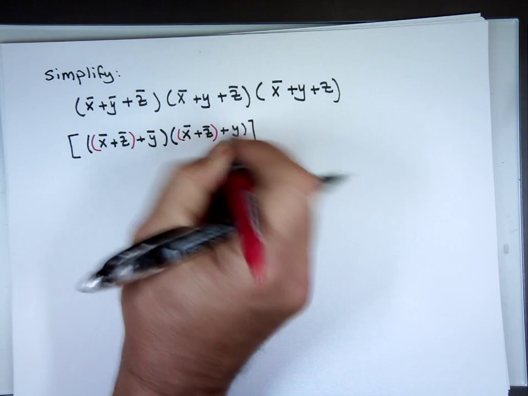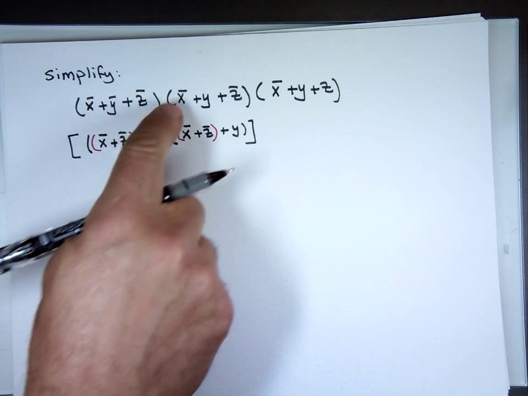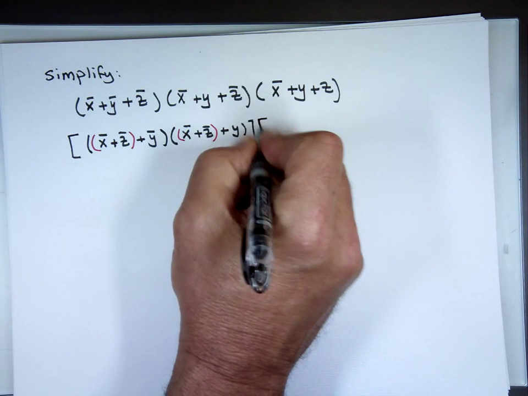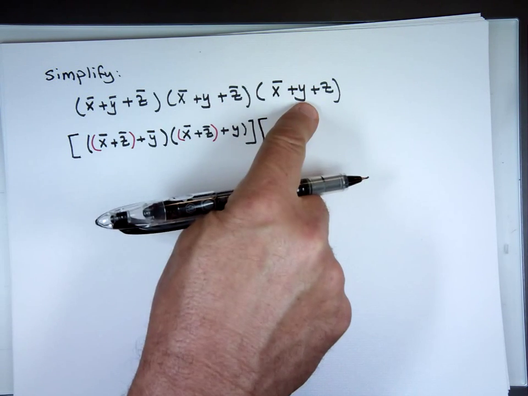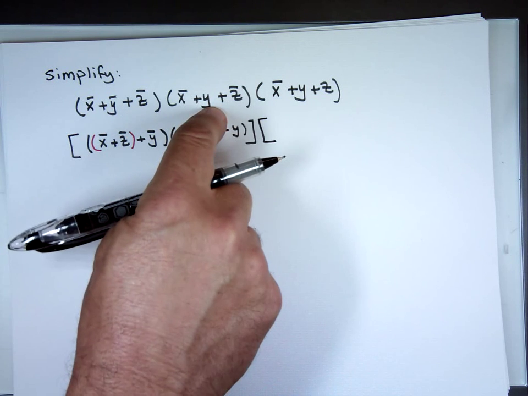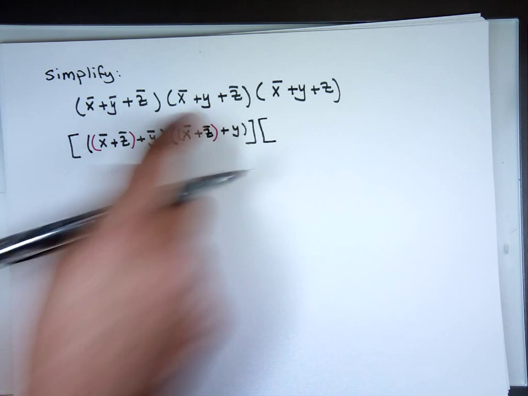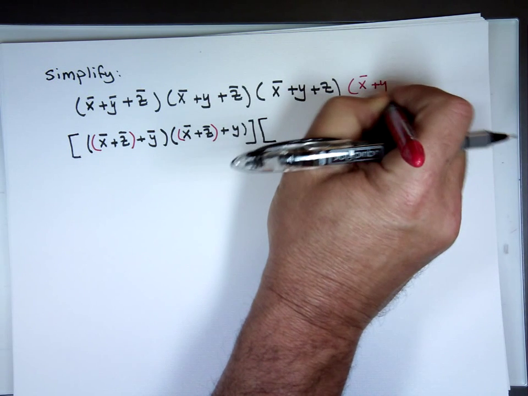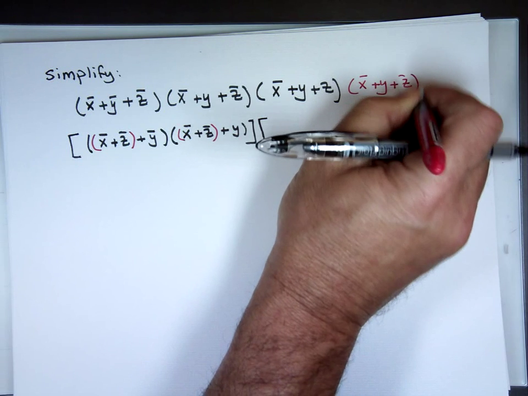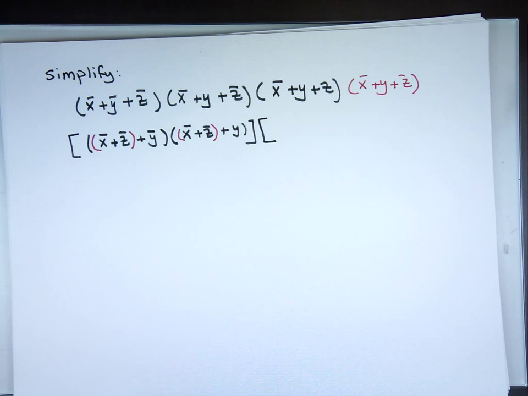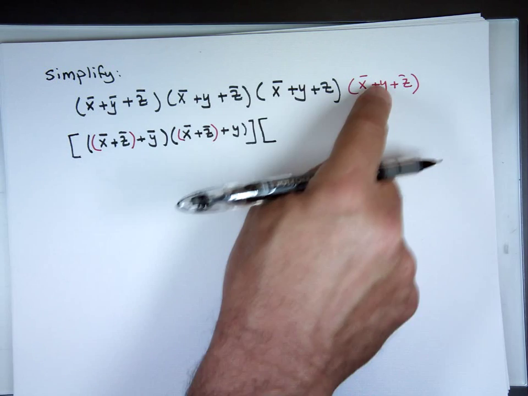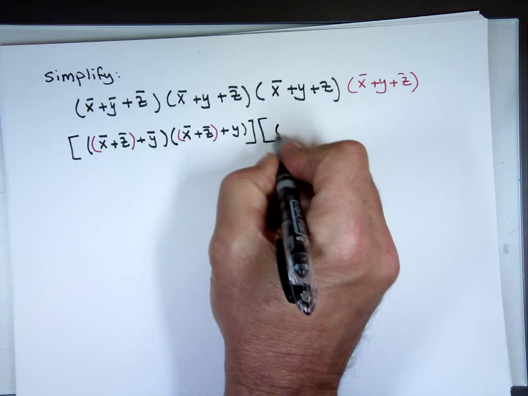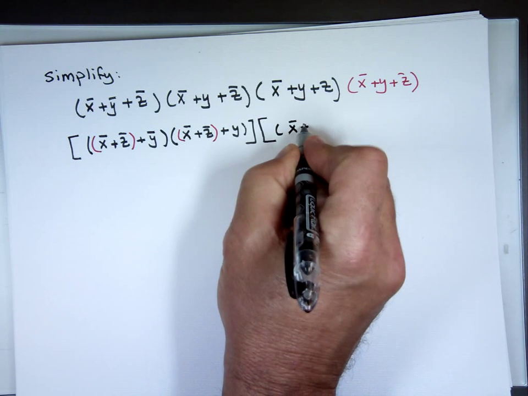I just decided to rewrite them differently, so X bar, Z bar in the front. And the second group, I'm going to take this and this. So I'm duplicating that one. Since this will help me, let me add it to both sets. That's really the one I'm adding, that term, because that allows me to simplify this and simplify this. So the second group, I'm going to take these two, and I'll take X bar plus Y outside.